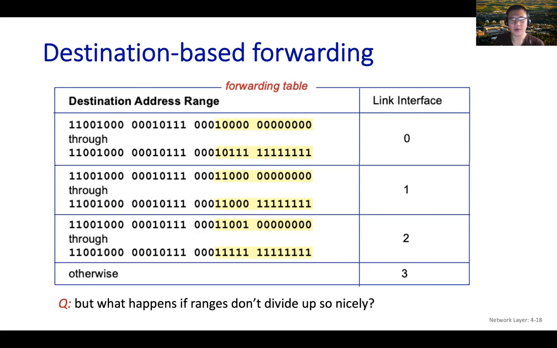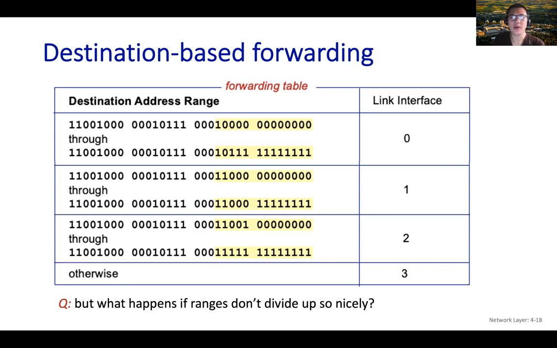So here is the important algorithm. I hope you can remember. But before I introduce that algorithm, here is the situation. This is the ideal table. Every link interface corresponds to some destination address range, and they are allocated kind of evenly, right? But this is not always the case, as I mentioned.